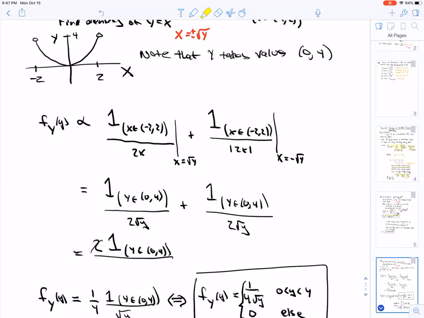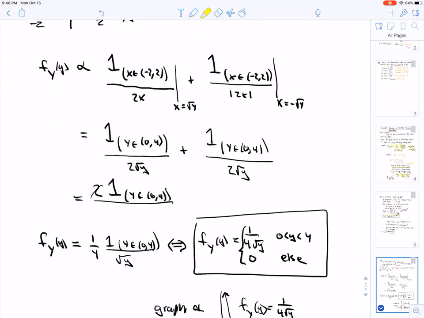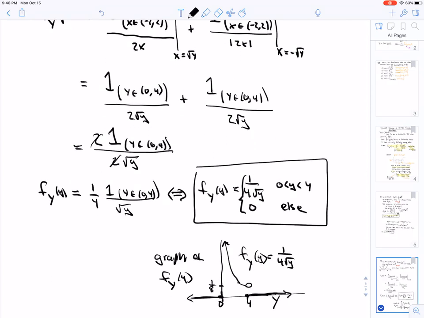So both of the terms are identical. So right, the 2 cancels here, and we just end up with this.